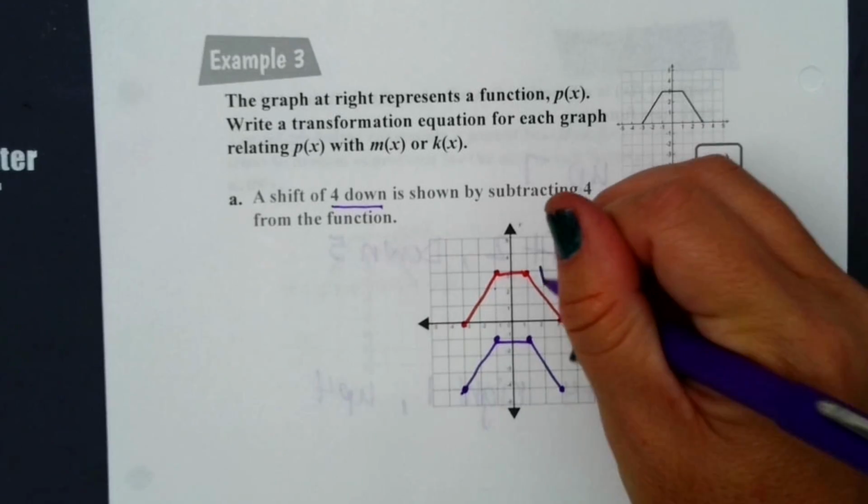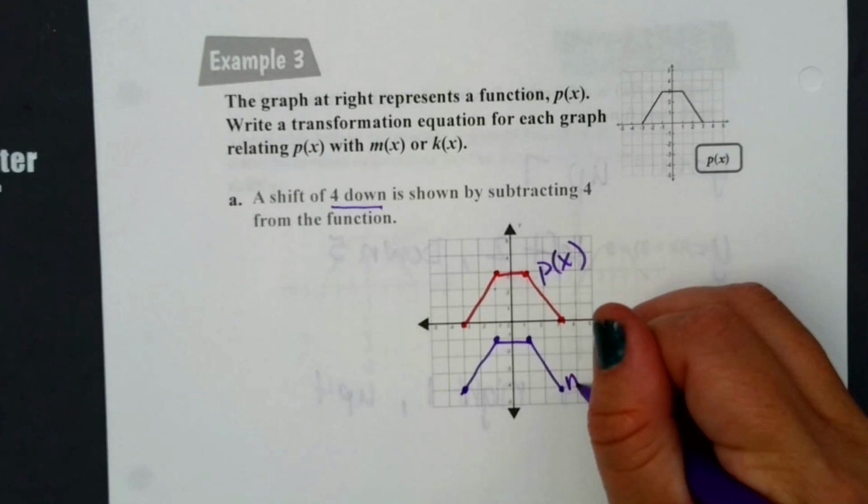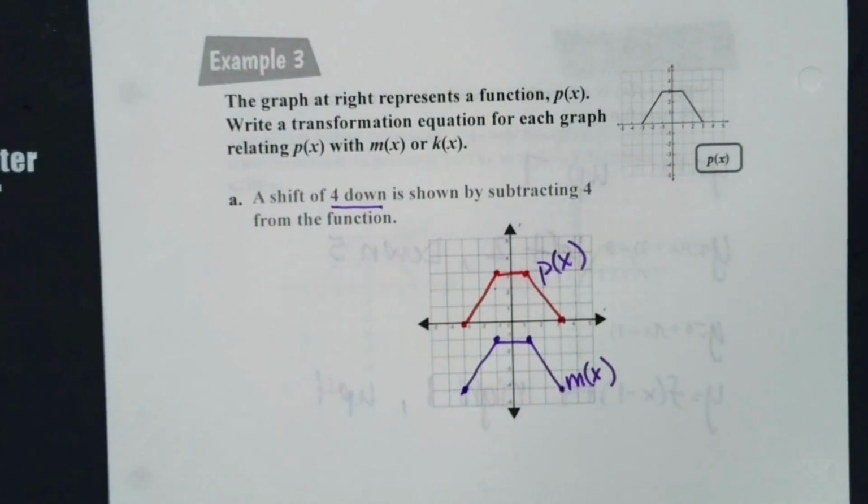So this is P of X. And this now is M of X. Anytime you change it, like you move it, you shift it, you're giving it a new function name, because it's not the same thing anymore.